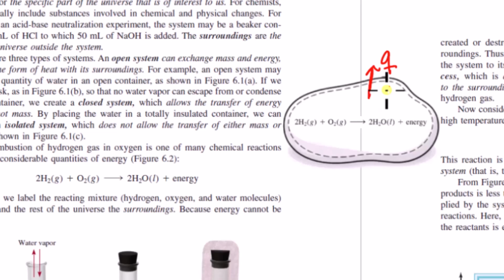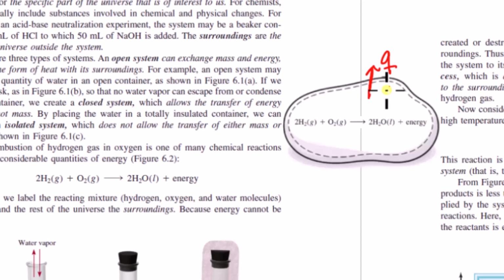Okay, now something else to note is that in many cases, if we think about the surrounding environment, such as the air in a room or the outdoor atmosphere, the surroundings are often treated as a thermal reservoir or heat bath, which means that the thermal energy added to or removed from the surrounding environment by a chemical reaction has a negligible effect on the temperature reading of the surrounding environment.